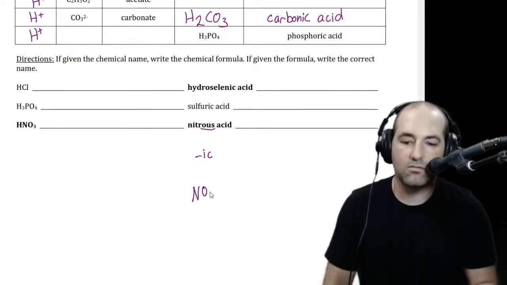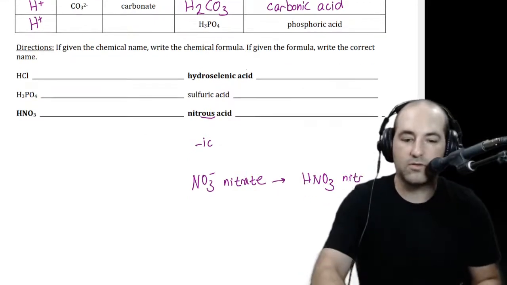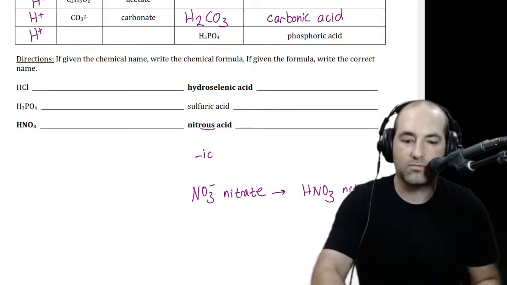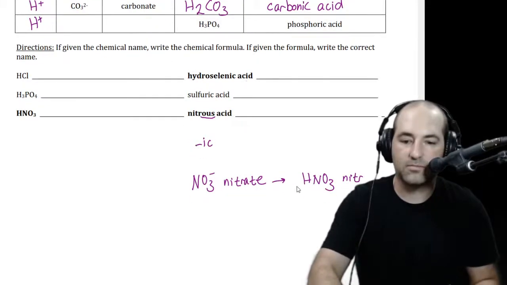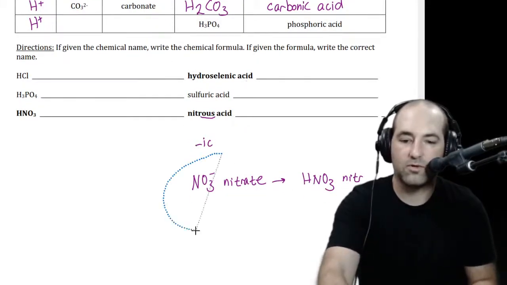So in these compounds, we've got nitrate, which is NO3, makes HNO3. Hold on, let me move this up so you can see that. Oh, you can't see.